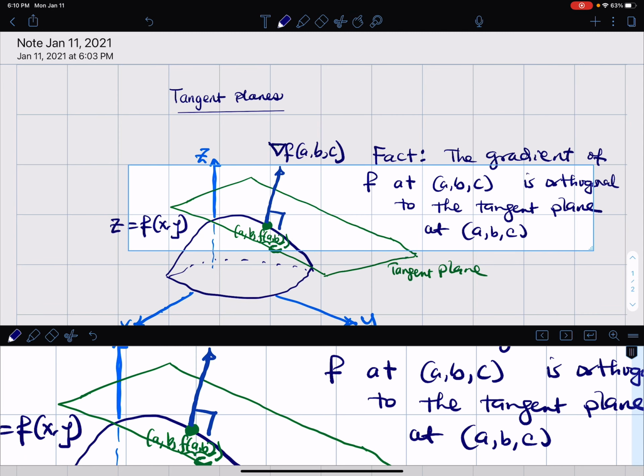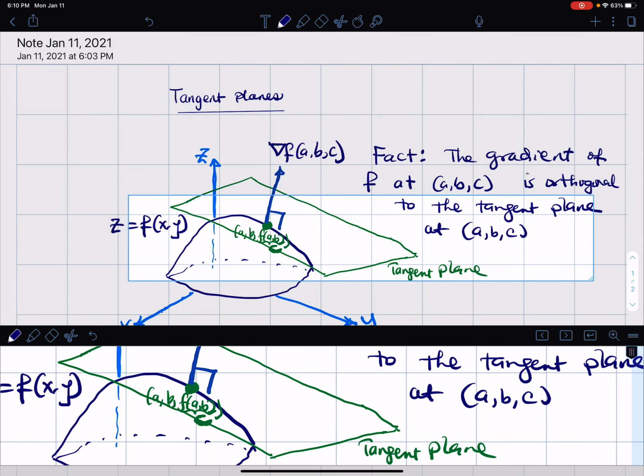Now think of any arbitrary point, any random point (x, y, z) on the plane. That means that if you take the vector that goes from (a, b, c) to (x, y, z), that vector is going to be orthogonal to the gradient at (a, b, c).